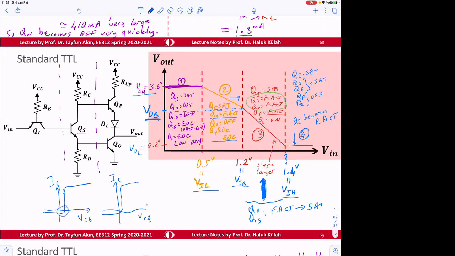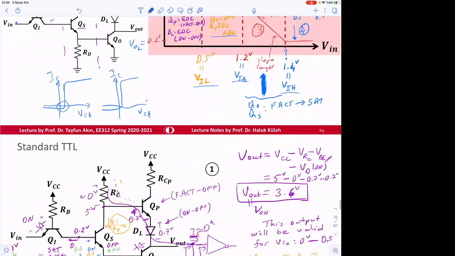So this region is not really very clear. Therefore, we don't really care when QI becomes reverse active. But if we go to the extreme, if we apply 5 volts to Vin, it's clear that this will be on, but this will be off. So it will switch to reverse active in the extreme case. Questions?